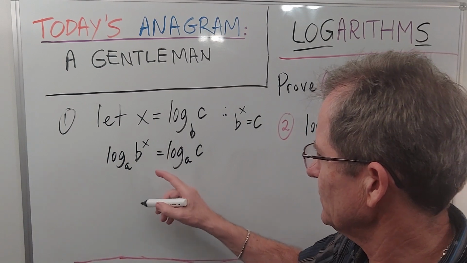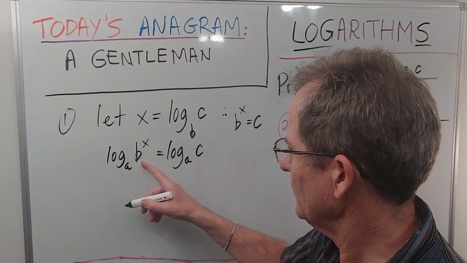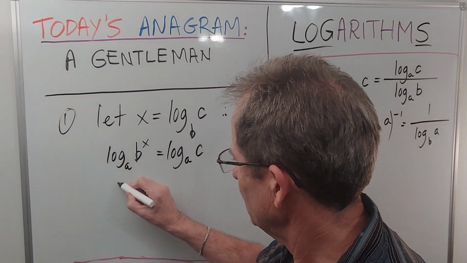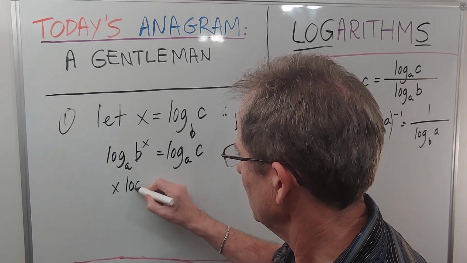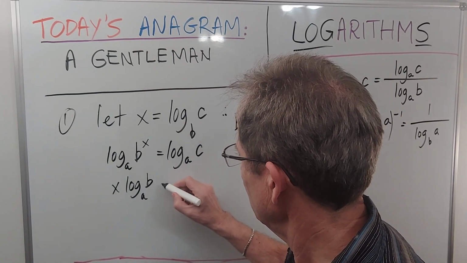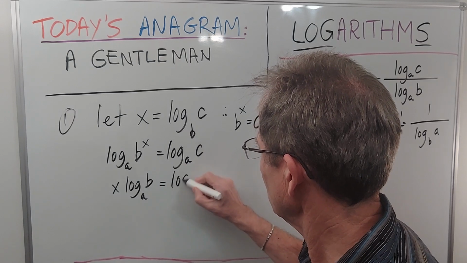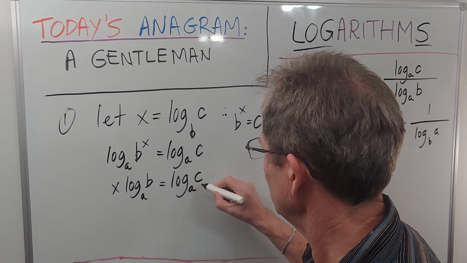And then of course we can use the law for the log of a power to get x log b to the base a equals the log of c to the base a.